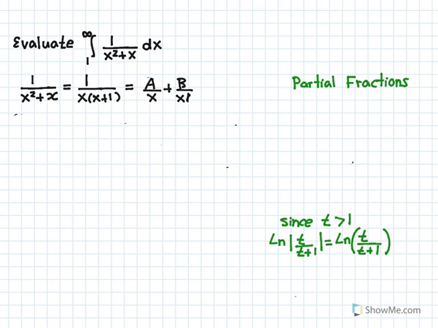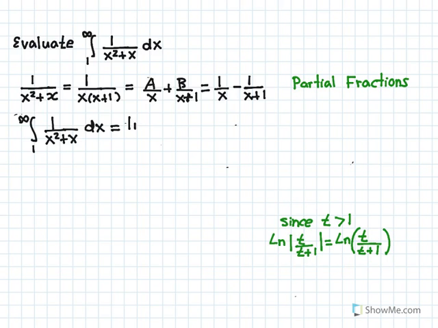If we apply partial fraction decomposition, a is 1 over x, and b is -1 over x plus 1. That's very easy to do, and we've already done a module on partial fractions, so you can easily do that at home.